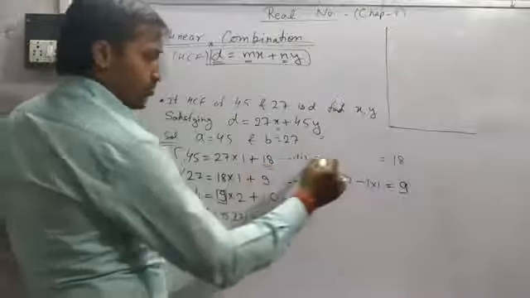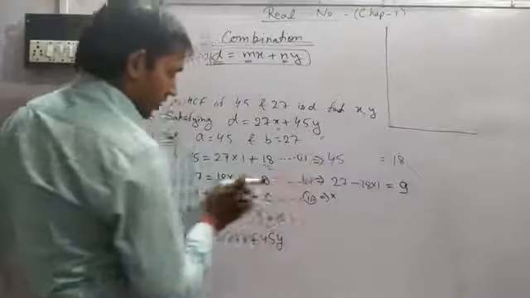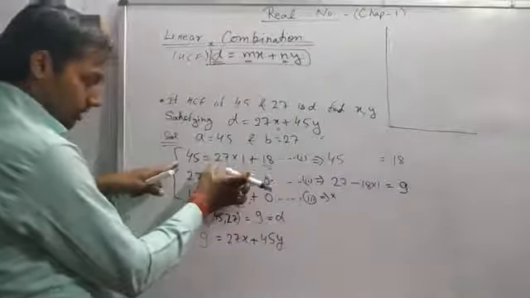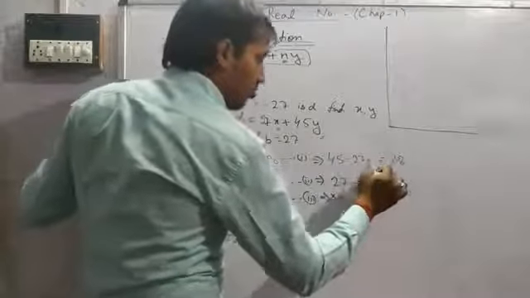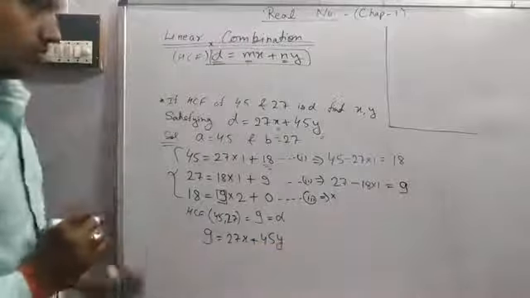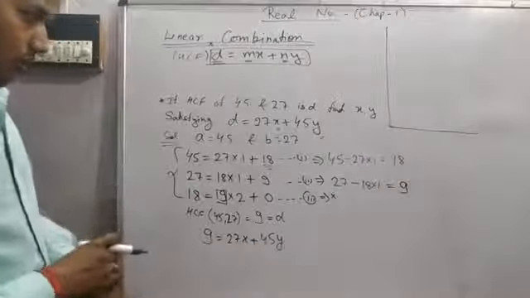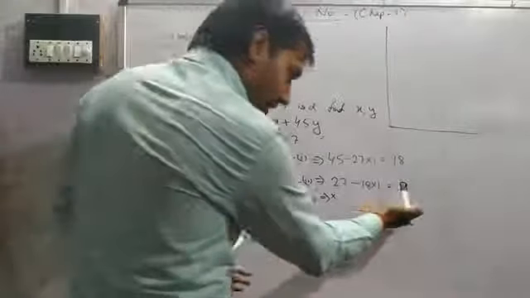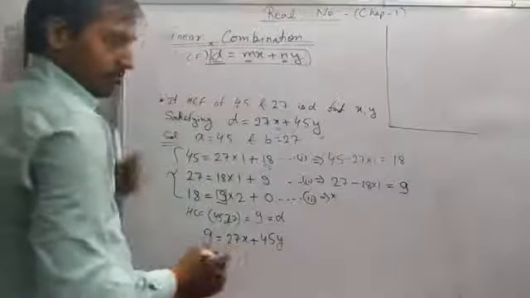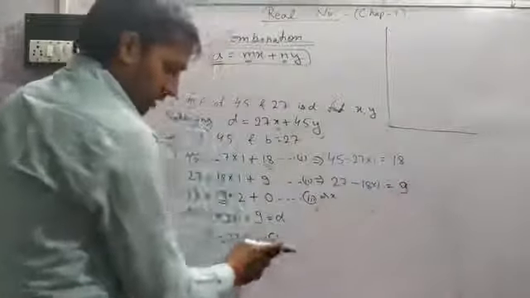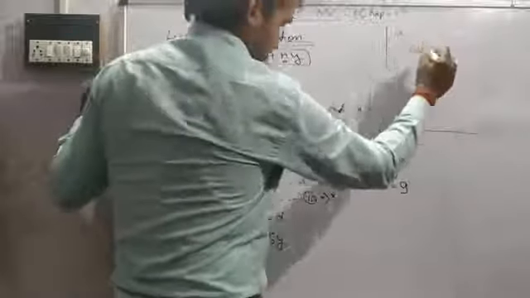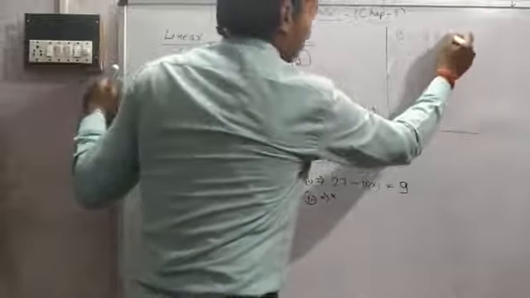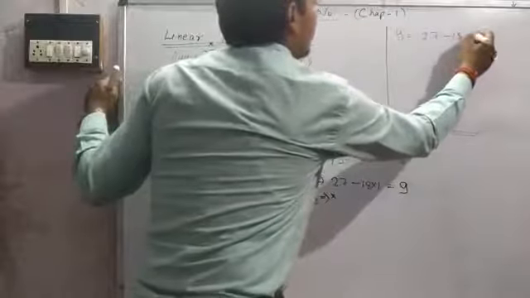So value of 18 is 45, same as 27 into 1 sent to the left side, minus 27 into 1. So we started from the HCF 9. So firstly we get the 9. 9 is equal to 27 minus 18 into 1.